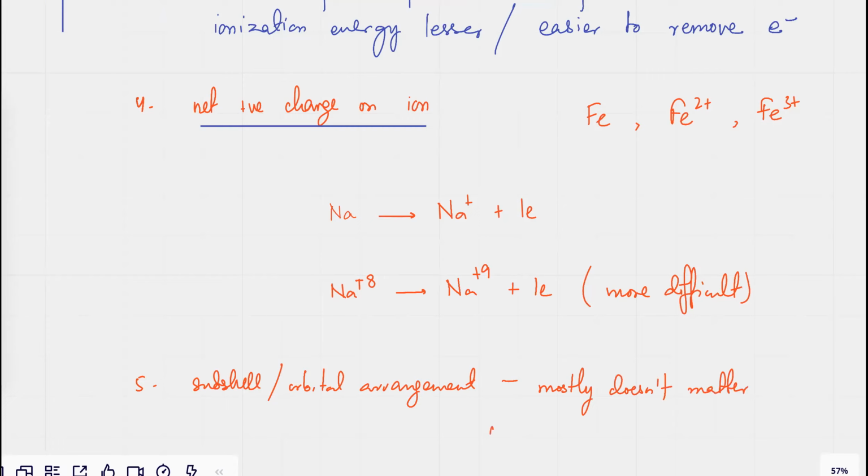This factor is only relevant for a few specific cases, otherwise it's mostly irrelevant. So we'll discuss the fifth factor much later on when we are almost done with the topic.